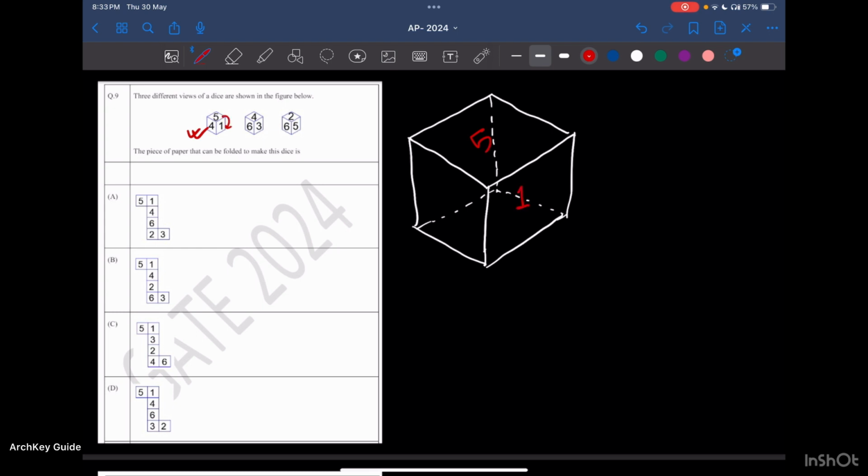And on the left side, it's 4. Clear. First dice, we have understood. Now the second dice. I see that 4 has been rotated, and it has come to this face, which means the dice has been rotated. So let's just draw another dice.